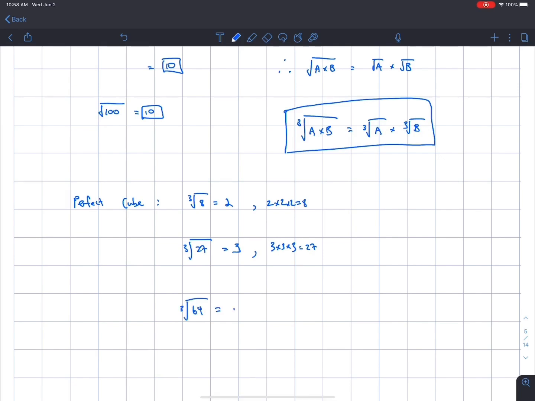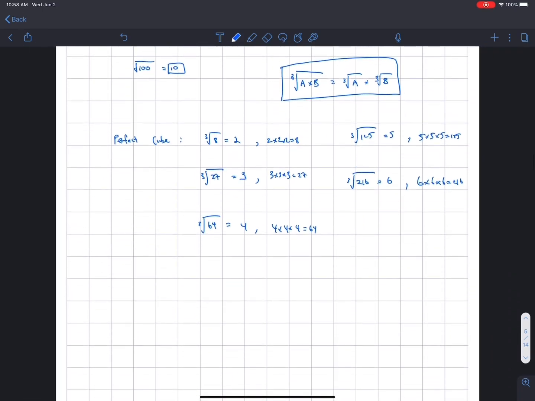Cubic root of 64 is 4, because 4 times 4 times 4 is 64. And cubic root of 125 is 5, because 5 times 5 times 5 is 125. Maybe also 6. So the cubic root of 216 is 6, because 6 times 6 times 6 is 216.